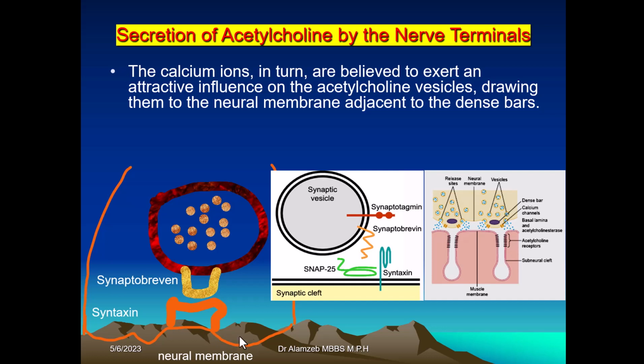This is the membrane. On the vesicle, there is a receptor which is called synaptobrevin. Synaptobrevin is a receptor present on the surface of the vesicle, and on the surface of the neural membrane another receptor is present which is called syntaxin.